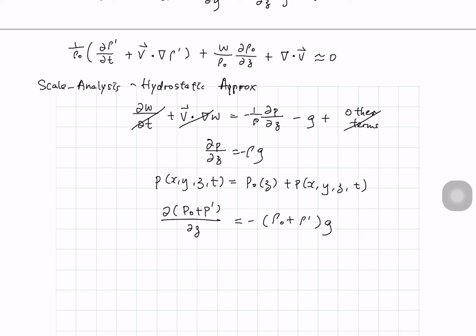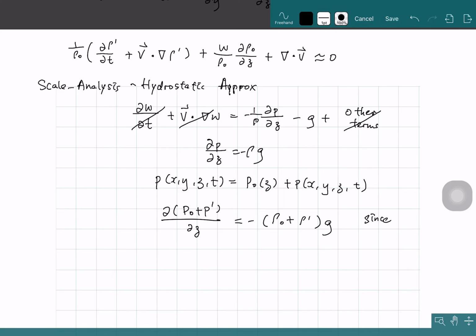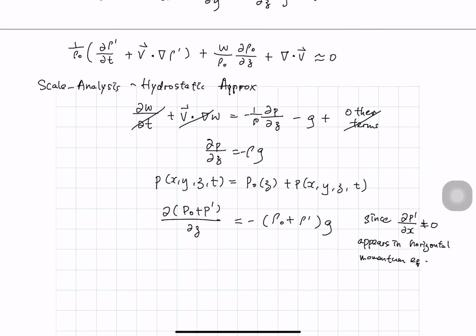We have to prove this because P prime also will appear in the horizontal momentum equation. That's why we need to prove that. I'm not going to do this proof. If you're interested, you can read this.